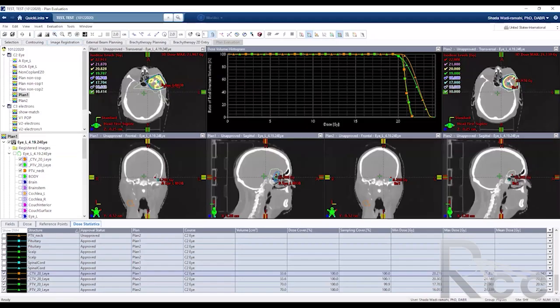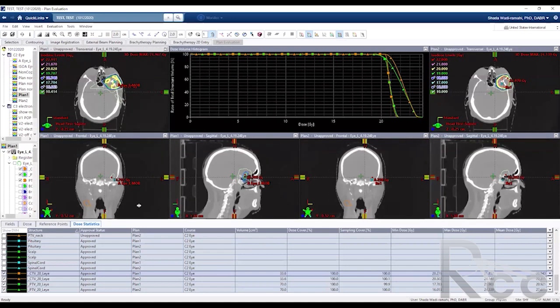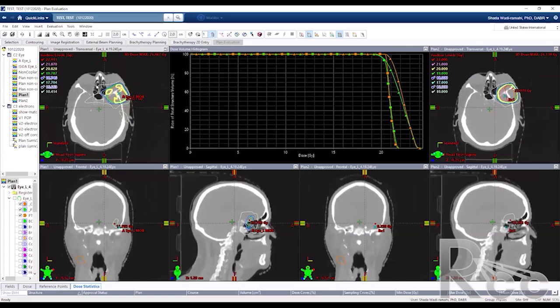Plan 2 that no one liked, for different reasons, is on the right side of the screen. I'm trying to reduce this. This is becoming too slow here. All right, much better.